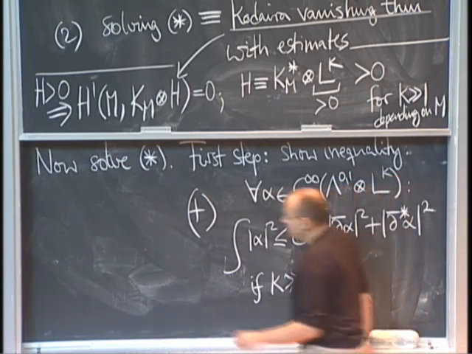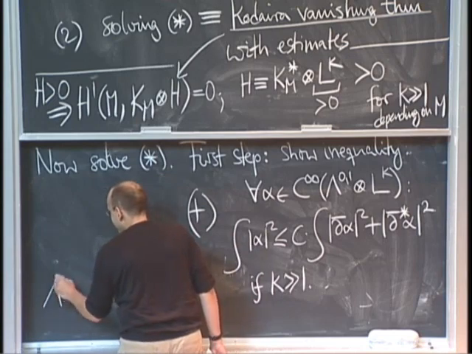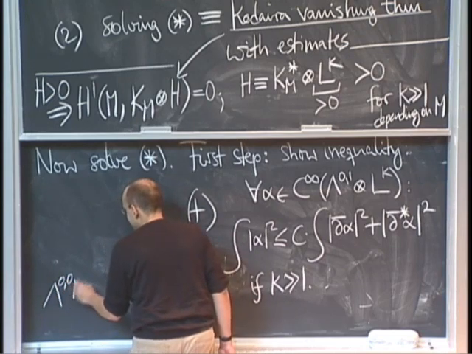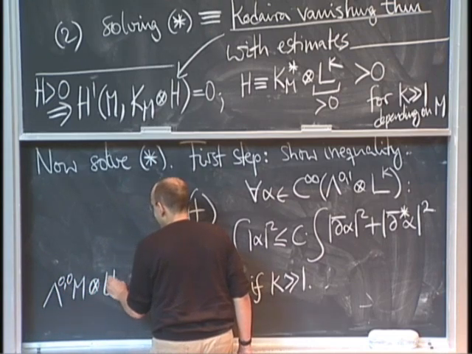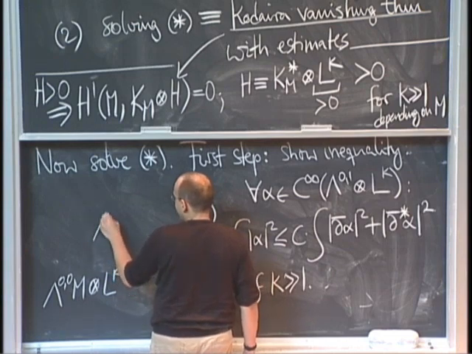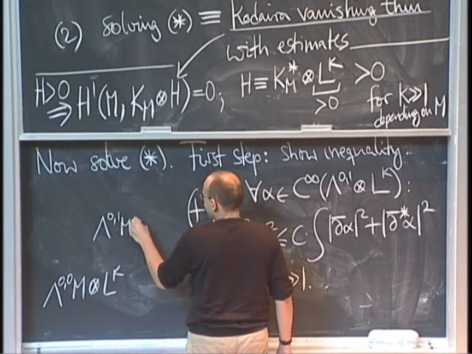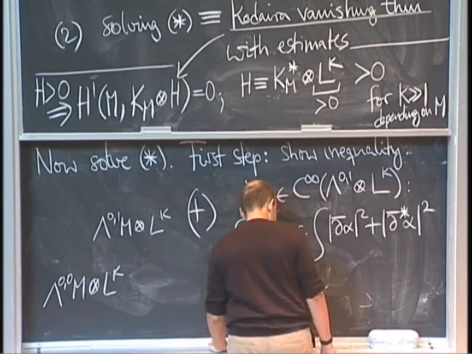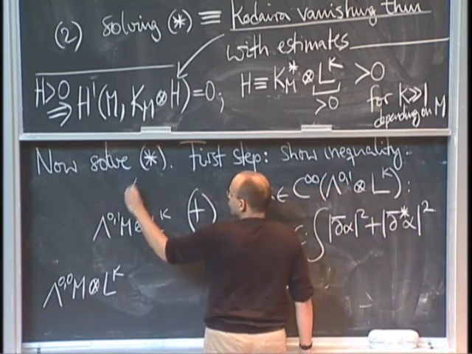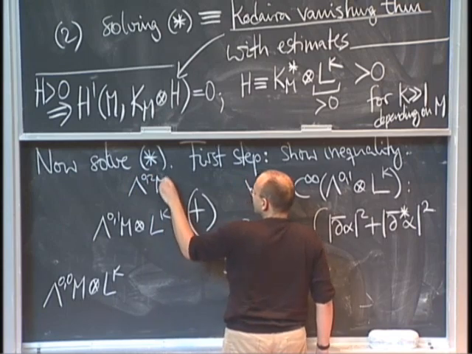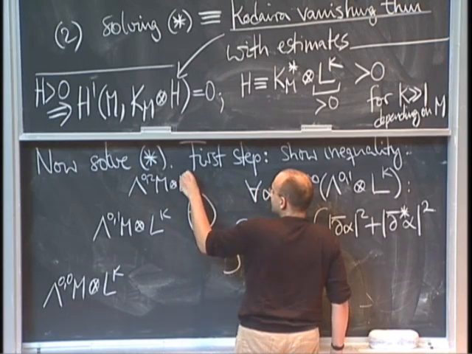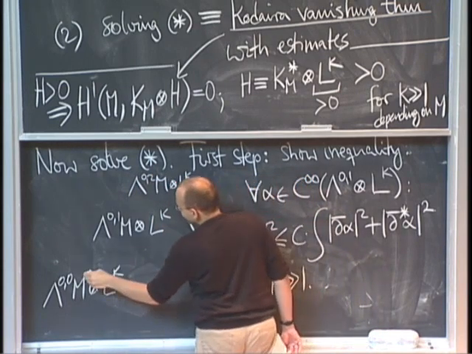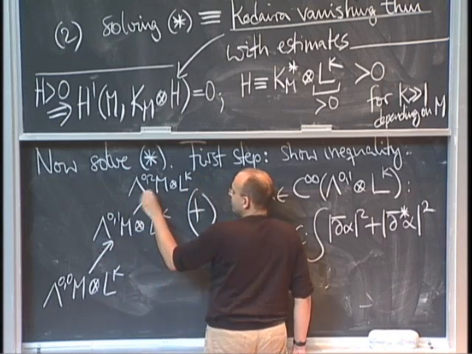So the picture is that here you have the sections of your line bundle. You have 0, 1 forms with values in your line bundle. You have 0, 2 forms in the line bundle. You have the d bar operators that go up here.